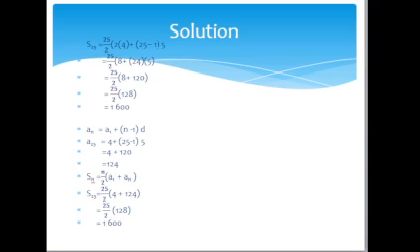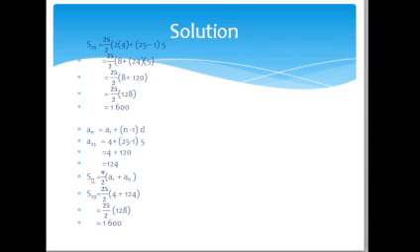If we use the other formula, we need to find first the a sub n. So a sub n equals a sub 1 plus n minus 1 times d. Since there are 25 terms, we have a sub 25 equals our a sub 1, or the first term, which is 4, plus our n, which is 25 because there are 25 terms that we're going to add, minus 1.